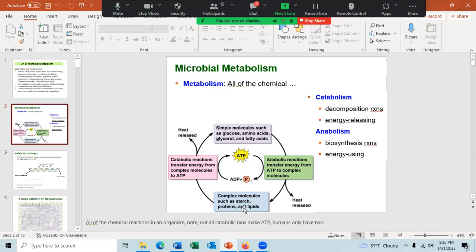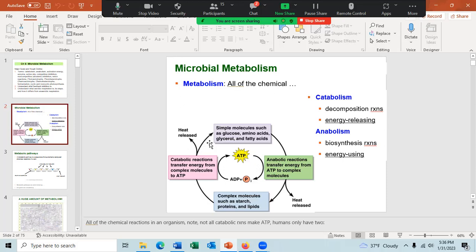This reaction takes ATP to give the energy it needs, meaning we're starting with a molecule or several molecules that have less energy in them than the large complex molecule. So this reaction requires energy for the reaction to occur. So this is an energy-using reaction, anabolism. Catabolism is an energy-releasing reaction.